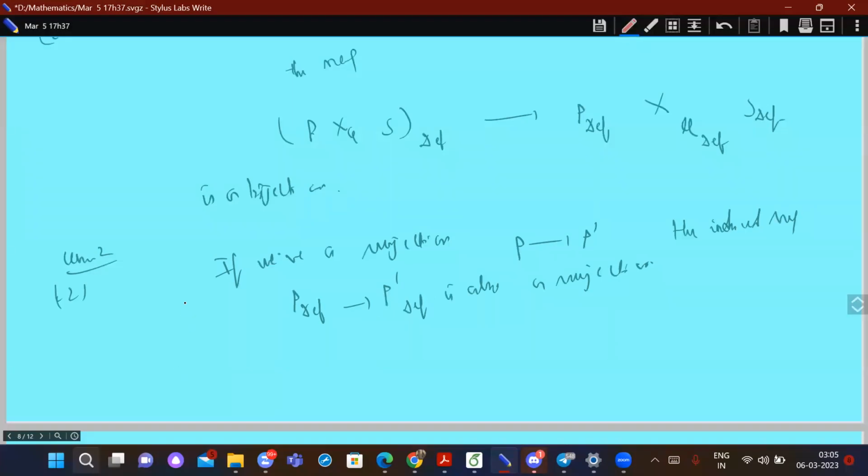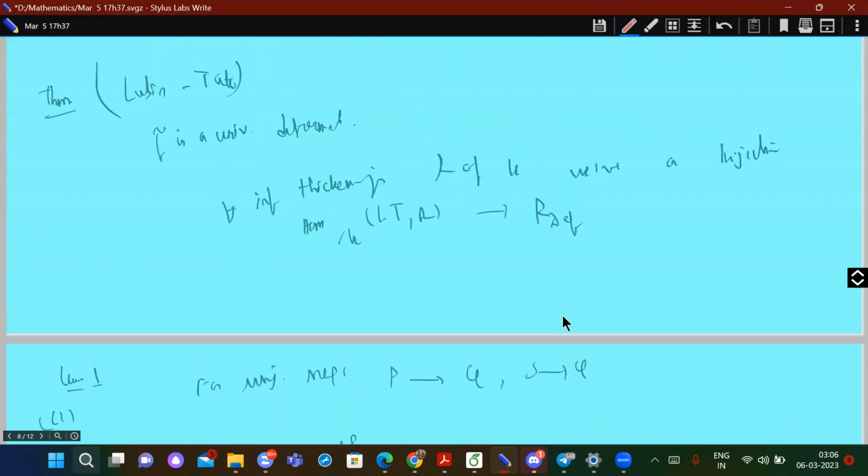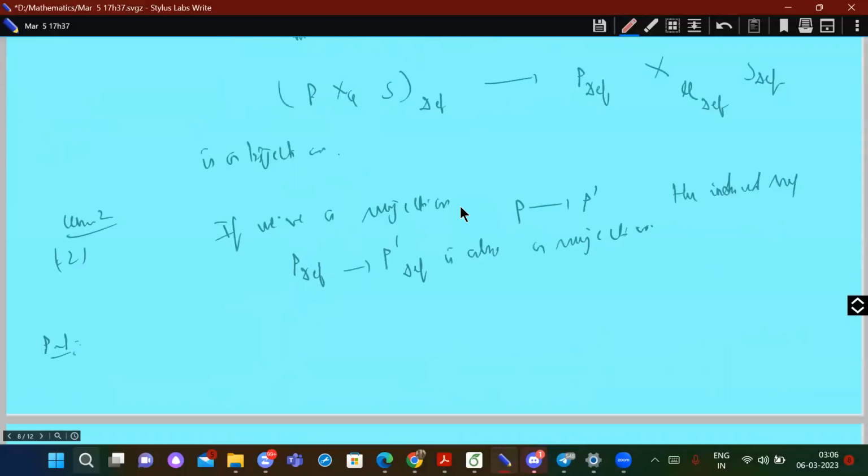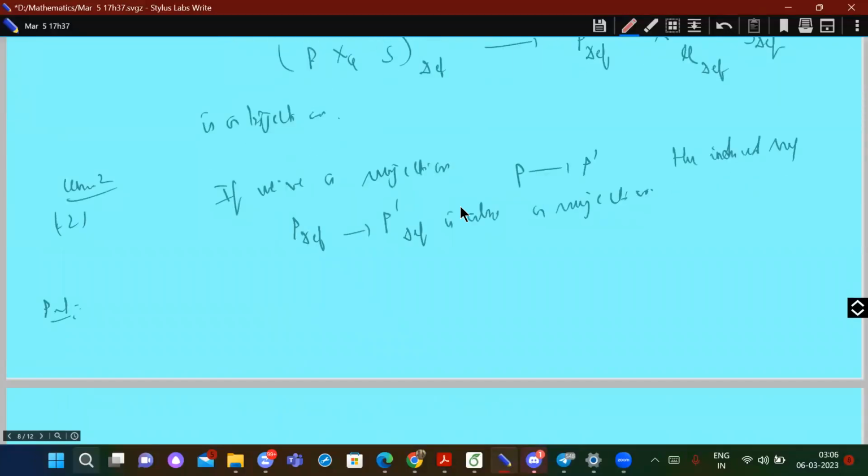So for the proof of the main theorem of Lubin-Tate, it's again an inductive proof, induction on the length of R. Remember what R is: R is an arbitrary thickening. If it has length one, then since R is just K, there's not a lot to be done.